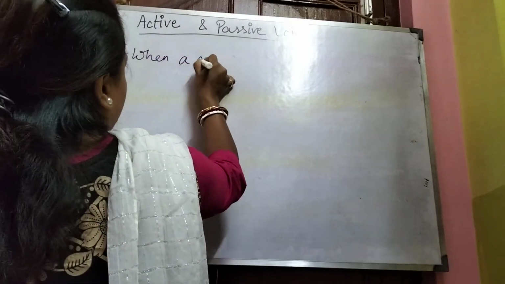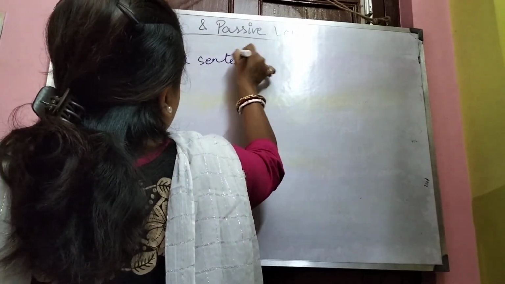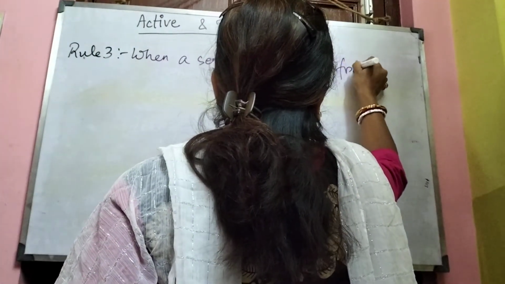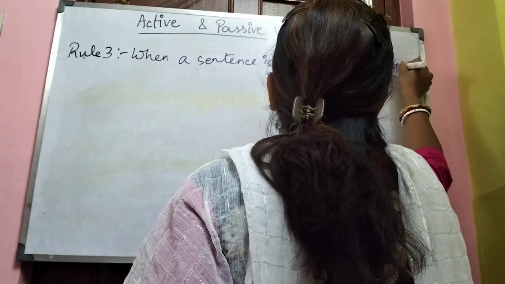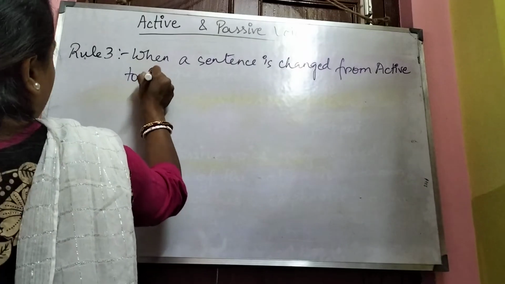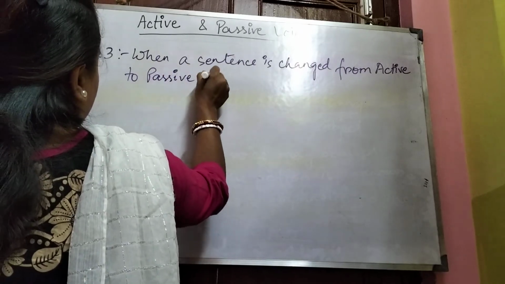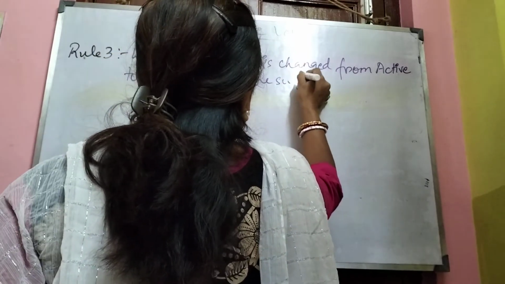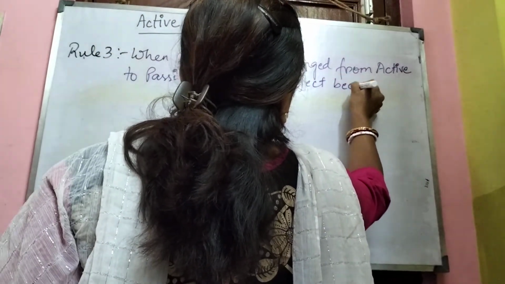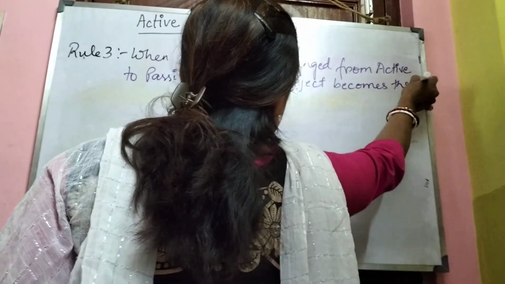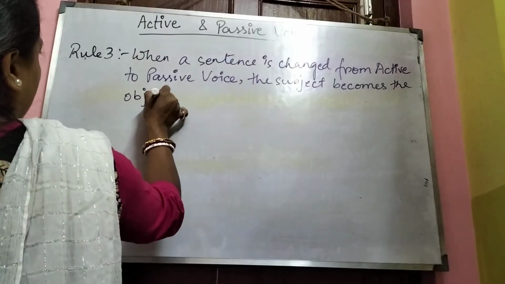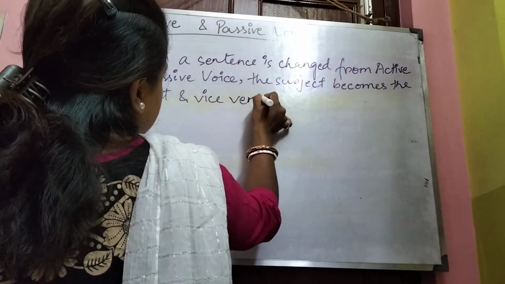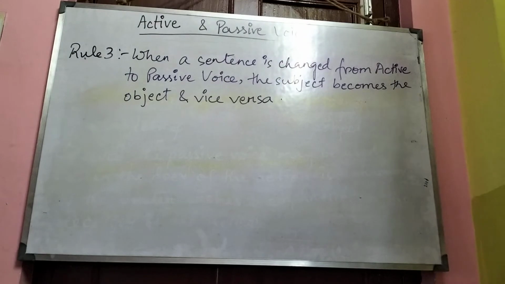When a sentence is changed from active to passive voice, the subject becomes the object and the object becomes the subject, which is known as vice versa.